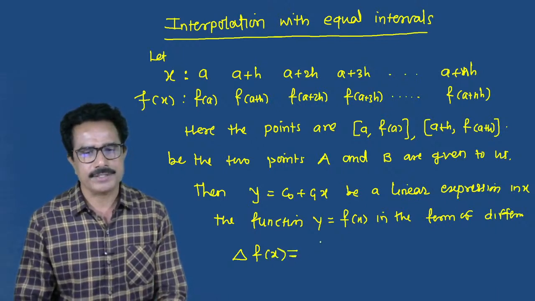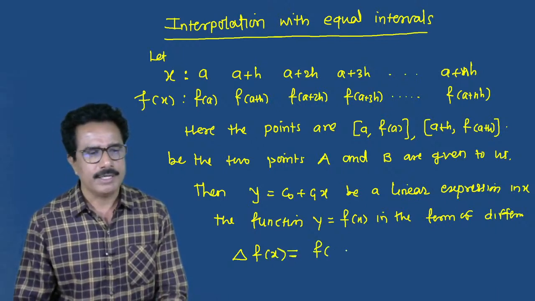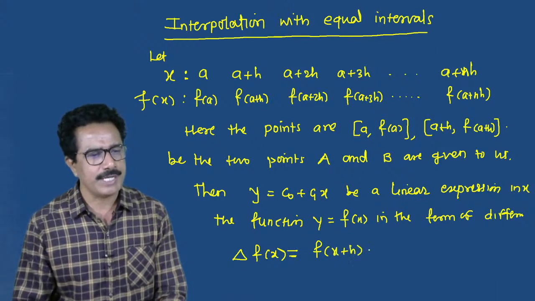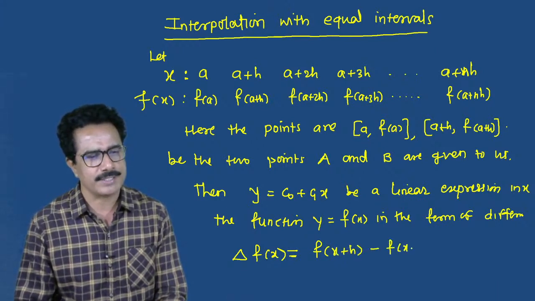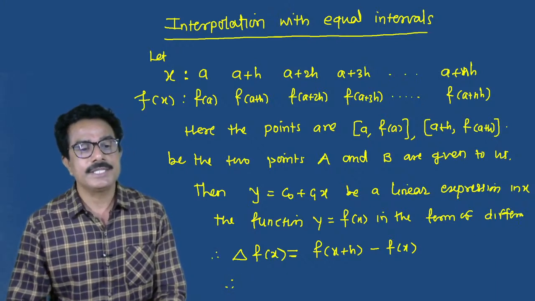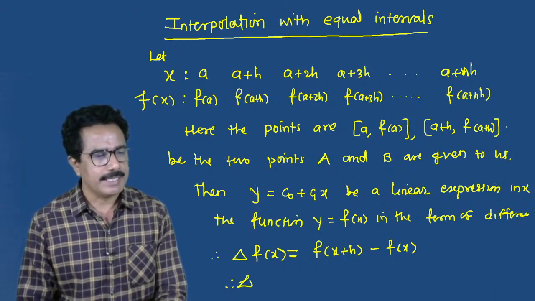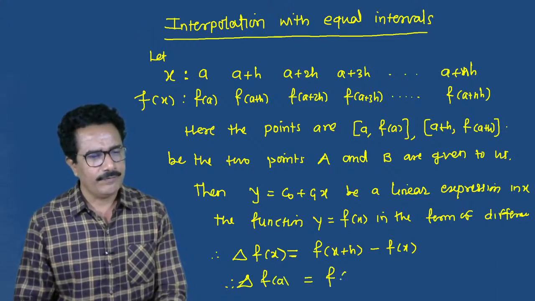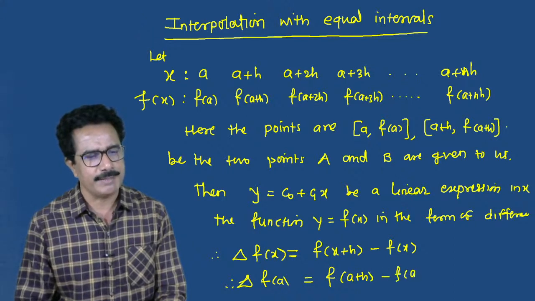Delta f of x is equal to f of x plus h minus f of x. So the difference delta f of a equals f of a plus h minus f of a.